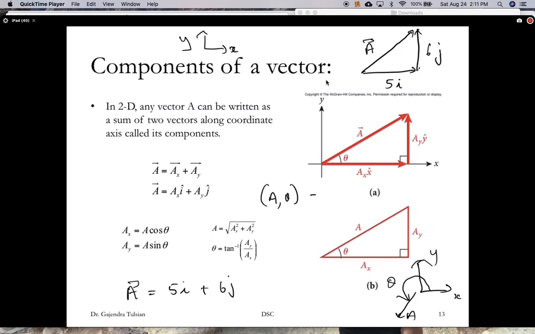Of course, you can give a vector in any format and it contains the same amount of information. Now the reason we did this is because now adding and subtracting vectors becomes super easy.